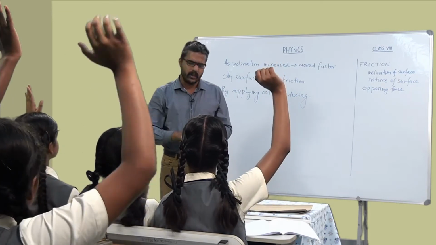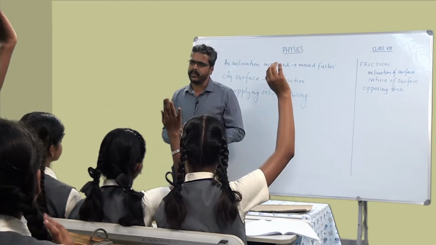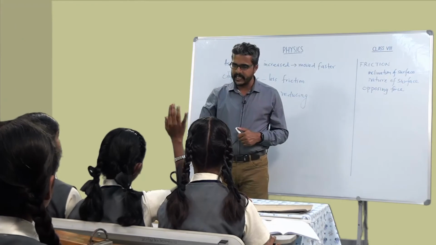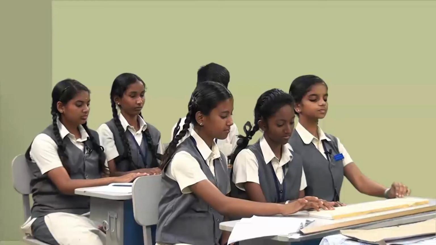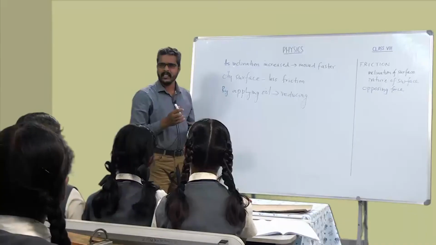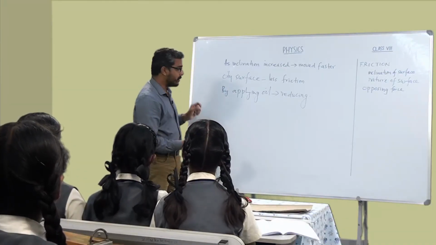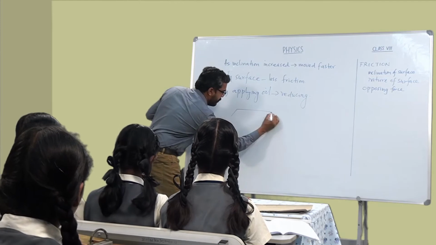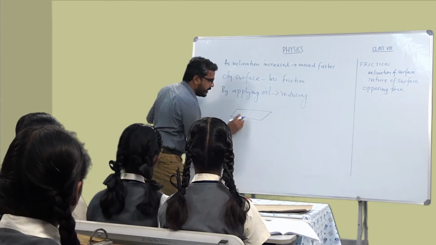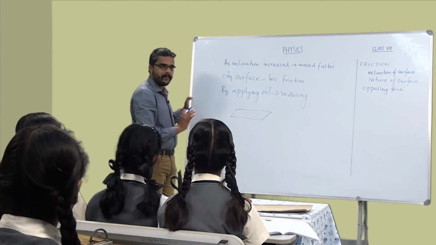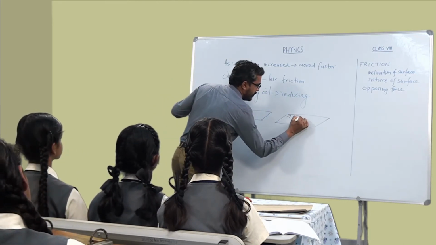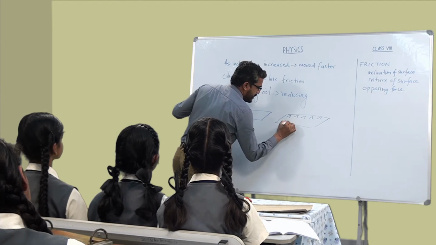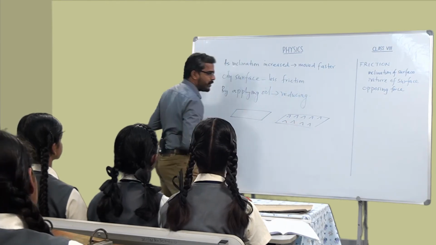Can anybody think of, you just think of the surface given to you, you just touch and experience it. You were telling that there are smooth surface and rough surface. So let me mention this as, if this is a smooth surface, I can consider this as the rough surface.